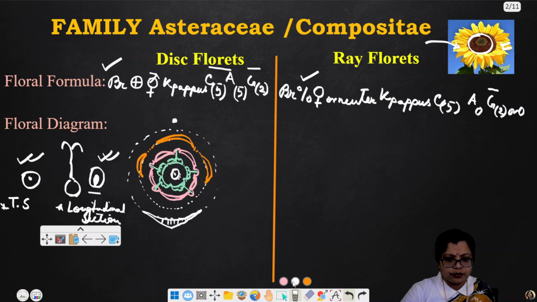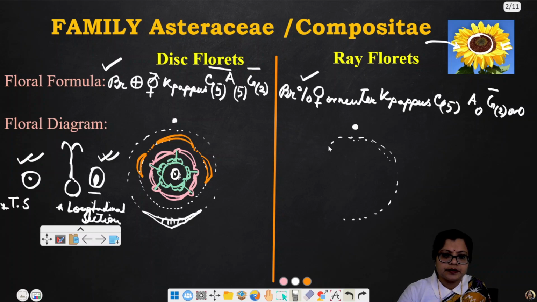Now we are going to draw the floral diagram for the ray florets. This represents floral axis. Now the first, the outermost whorl we have to draw. Outermost whorl means that is the bract. Bract is present or not? Yes, bract is present. In the axil of the bract, ray florets develop.